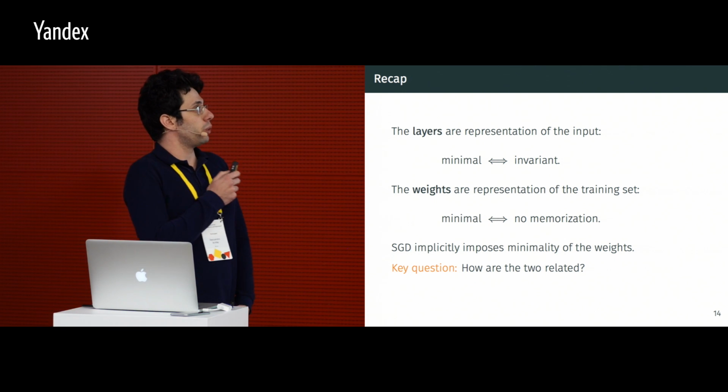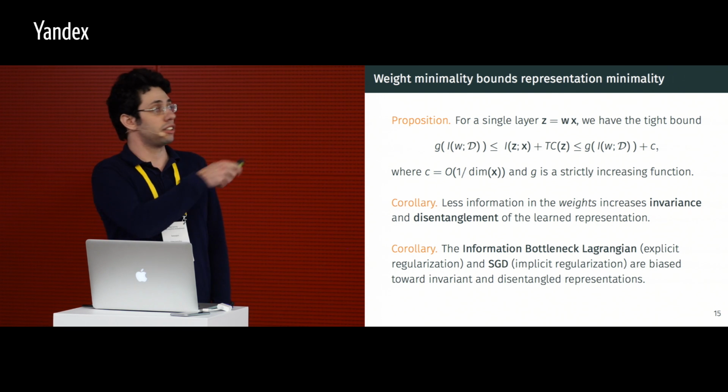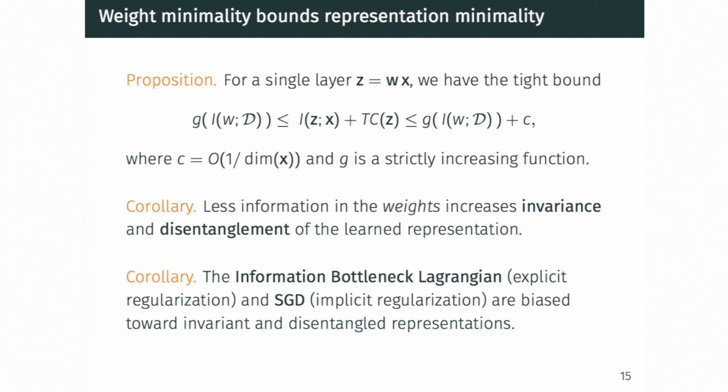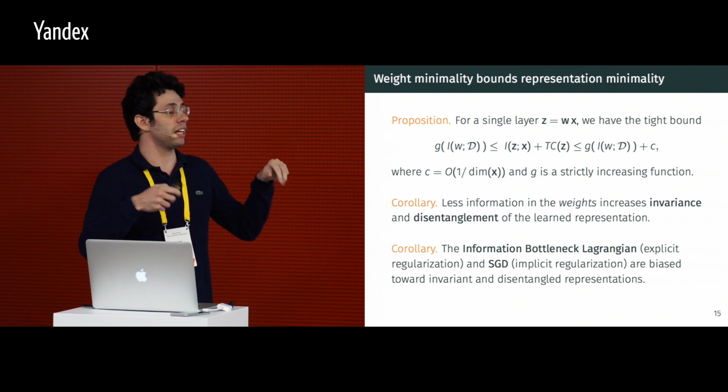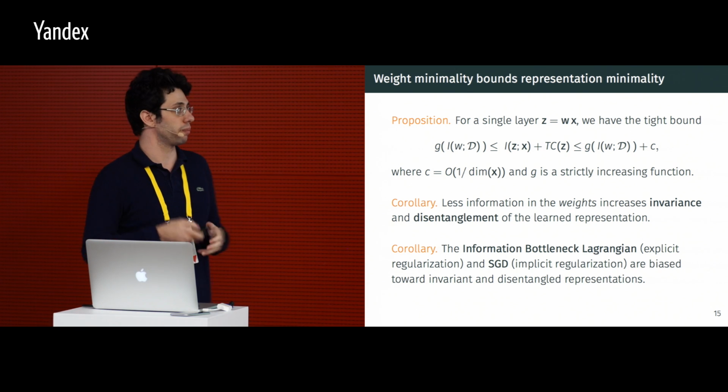For a network with one layer, the quantity of information in the activations plus the total correlation of the layer is strictly bounded by an increasing function of the quantity of information in the weights. Said in another way, it means that the less information is in the weights, the less information is also in the representation of the input data, and the less entangled the representation of the input data is.